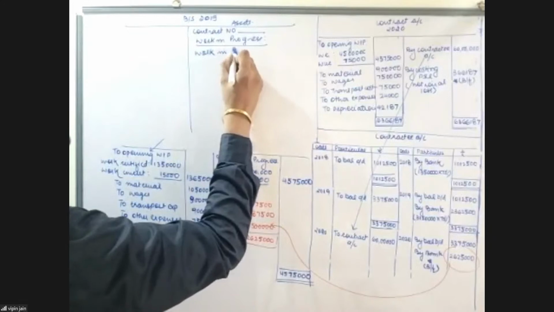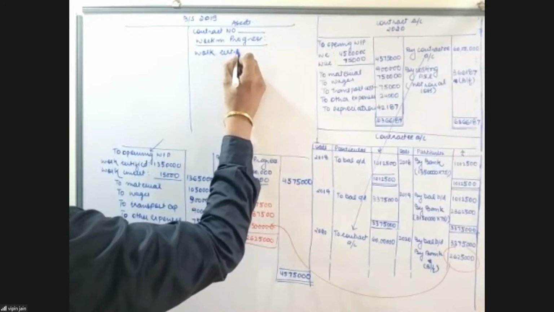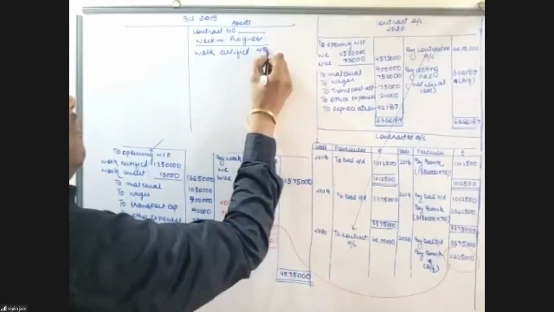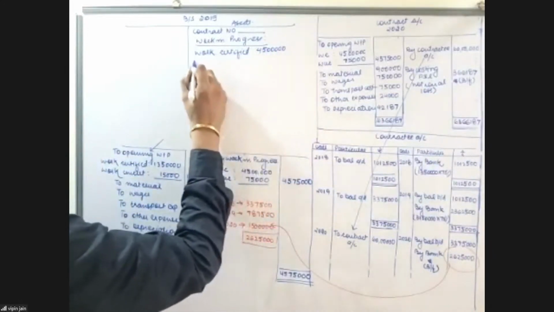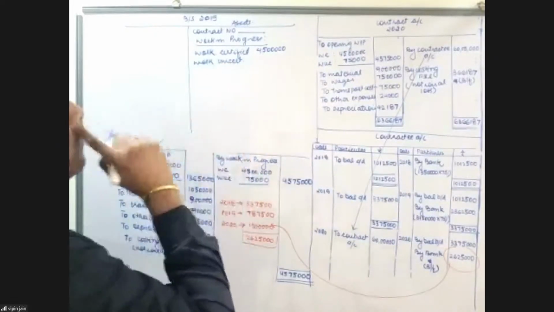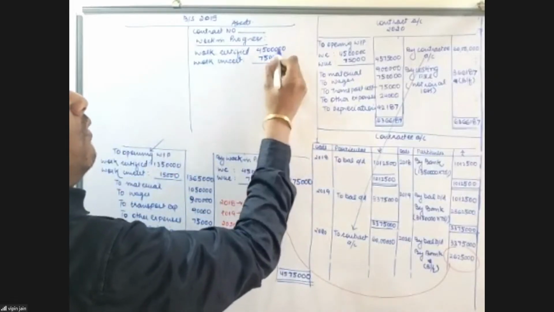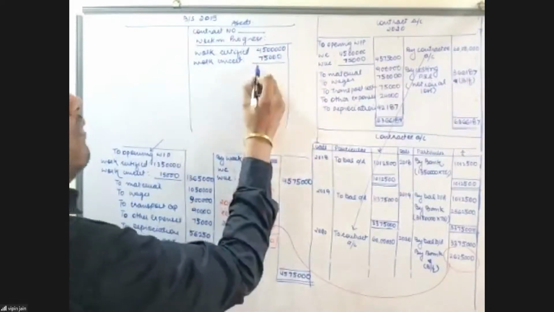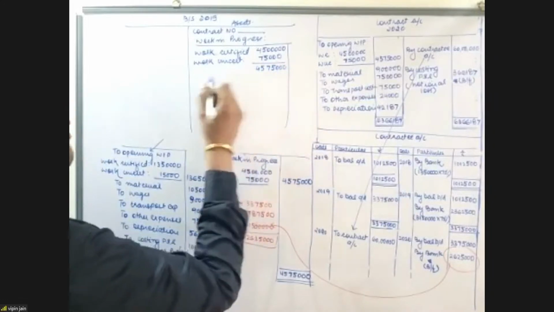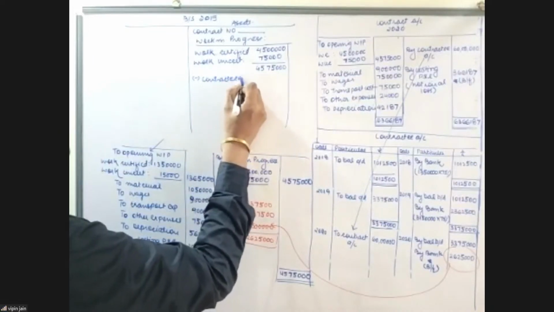So work in progress, work certified is 45 lakh, work uncertified 75,000, minus the amount received from the contractee, that is the closing balance of contractee account.